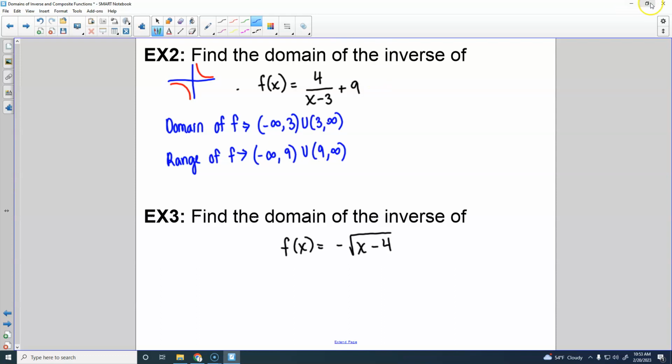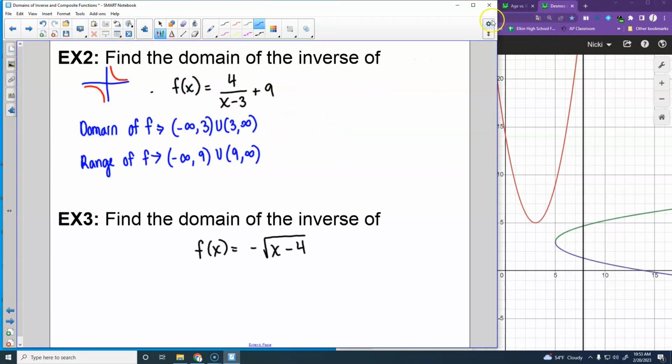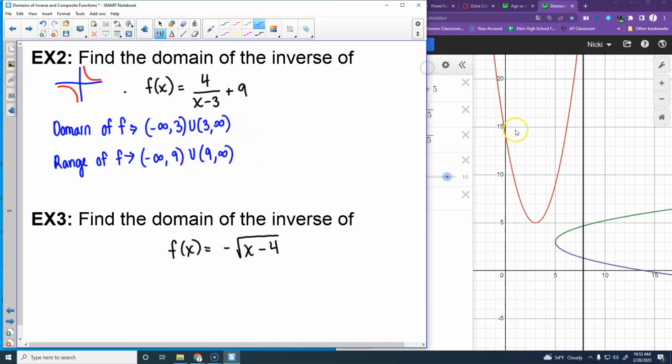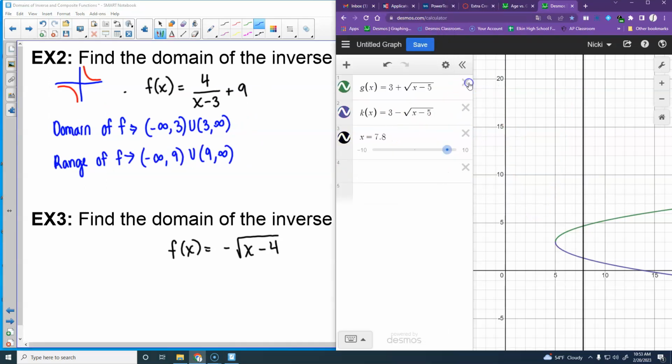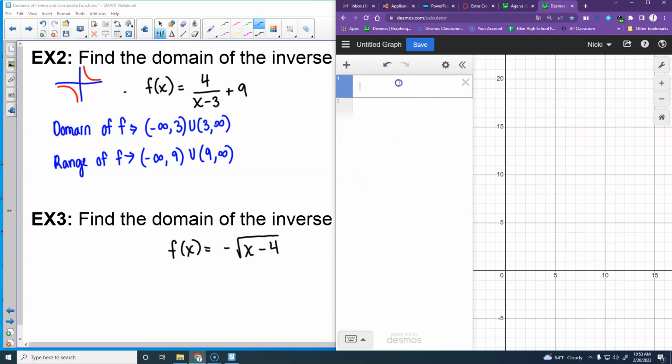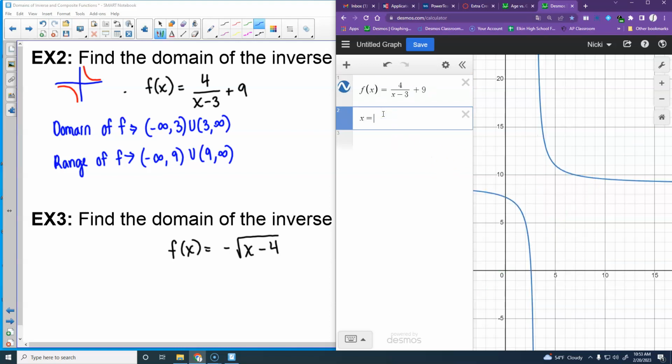Let's double check that on Desmos to make sure that that looks good. So if I graph this, f of x equals 4 over x minus 3 plus 9. If I want to be extra sure, I could type in x equals 3.